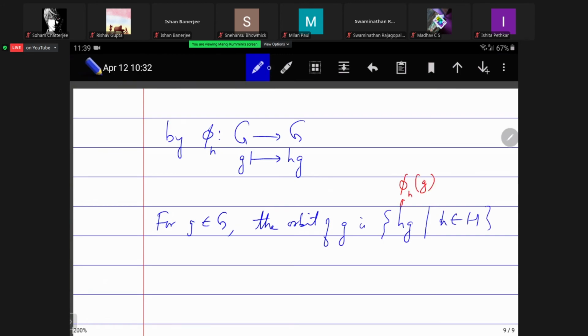But what is this set? This is the right coset of H containing g. And we have already seen left cosets are equivalence classes for that equivalence relation. Right cosets are equivalence classes for some other relation.